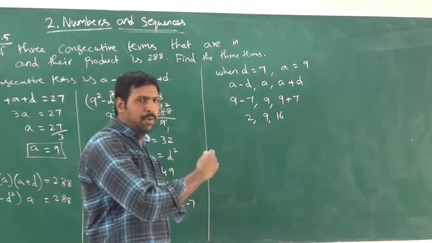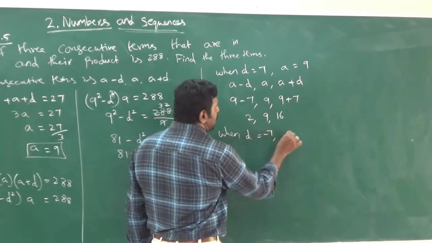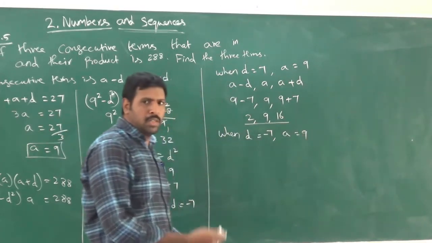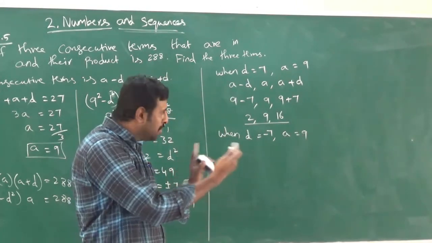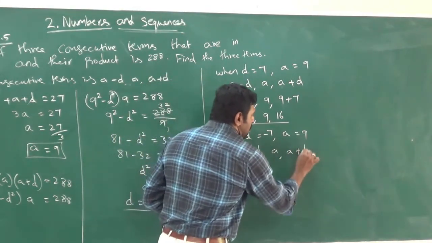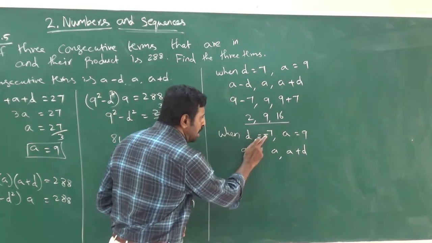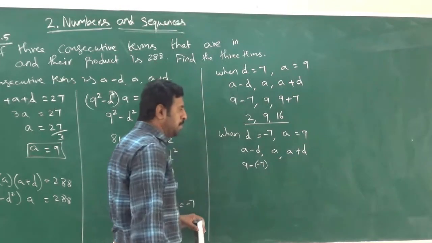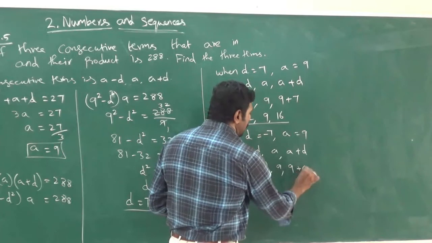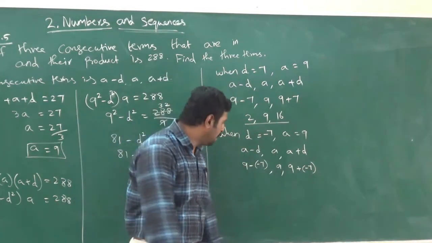That is one of the AP forms. And then when d is equal to minus 7, a is equal to 9. See, first we found 2, 9, 16, which means if you apply the negative value, the reverse order will automatically be obtained. That is a minus d, a, a plus d, which means in place of a it is 9, in the formula we have minus, and then the d value is minus 7. Comma, a is 9, and then 9 plus of minus 7. d is equal to plus or minus 7.